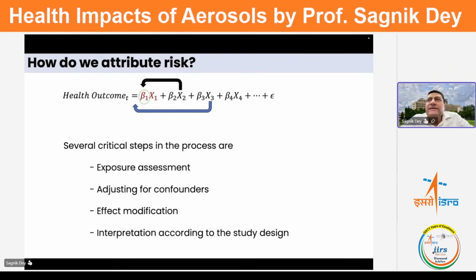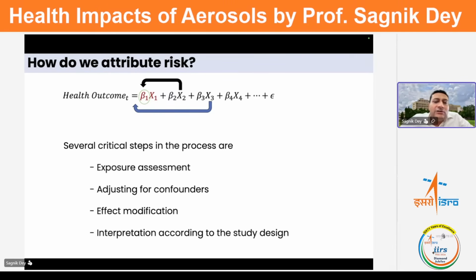Diet, lifestyle, stress, all of these risk factors can also cause high blood pressure. As I said, over the last 30 to 40 years, methodologies have evolved on how to really attribute that particular outcome, in this case high blood pressure, to different risk factors. And now we have a fairly good idea how to do that.